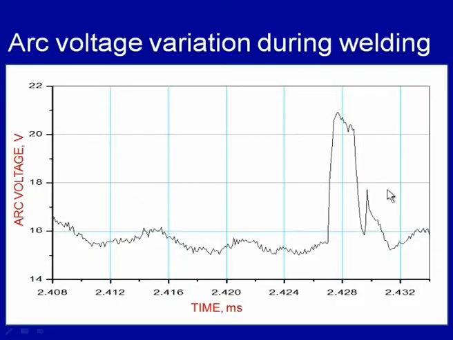Similarly, here we can see how arc voltage fluctuates during welding over a very short period of time, and then it gets stabilized. However, these fluctuations keep on happening.